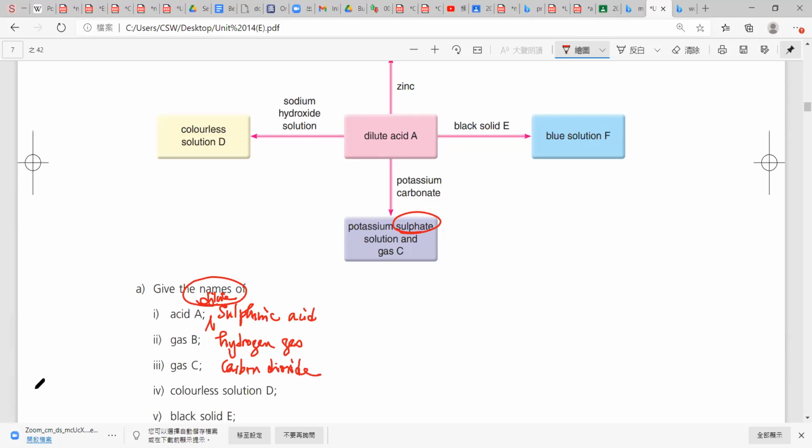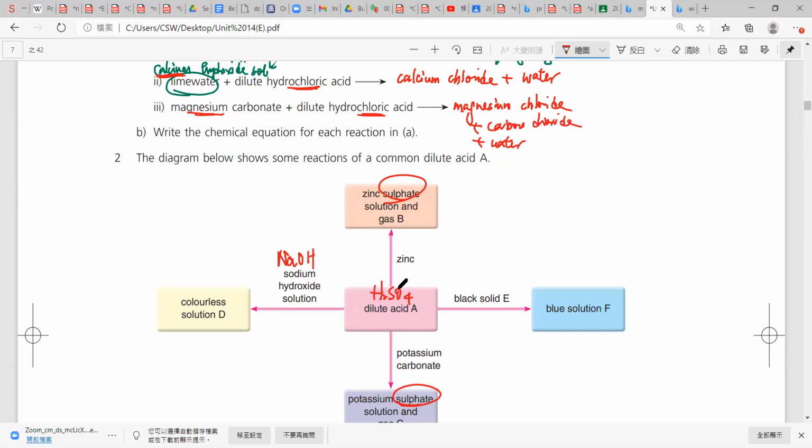How about colorless solution D? So you better mark it here. Sodium sulfate. Yes, that's right. Do you realize that when you tackle this problem, to me, Mr. Chin, I would love to write the chemical formula as well, because I use similar logic, right?